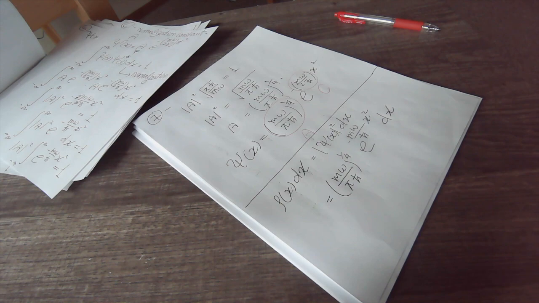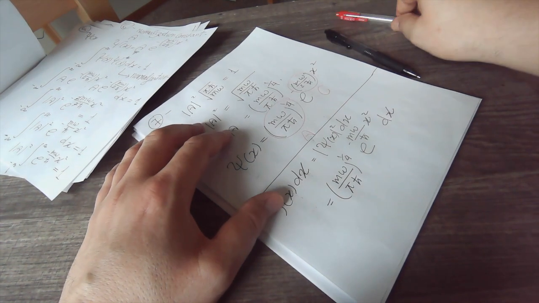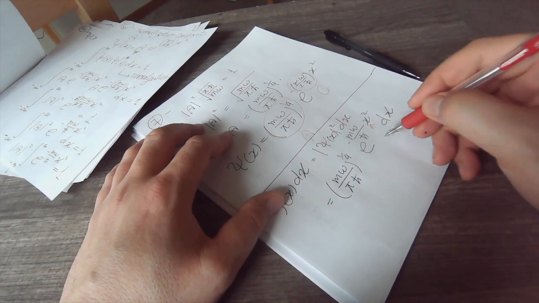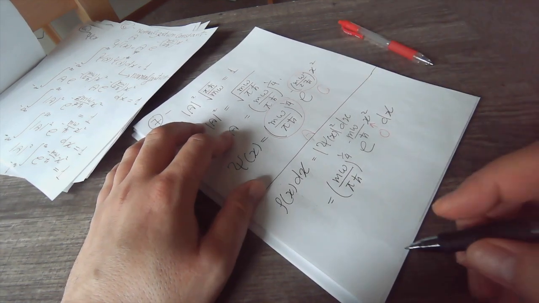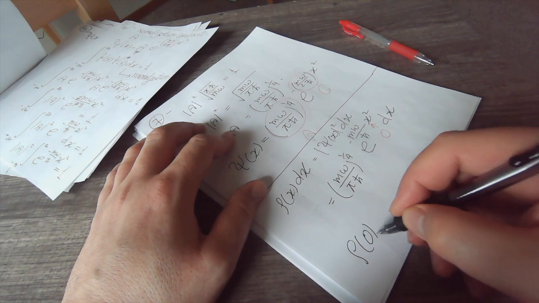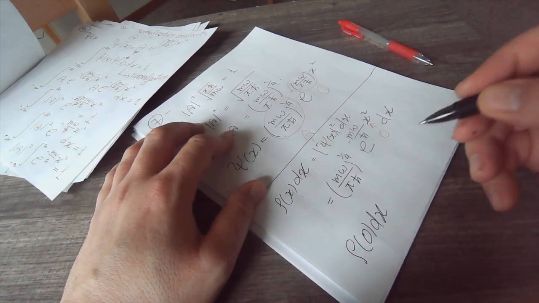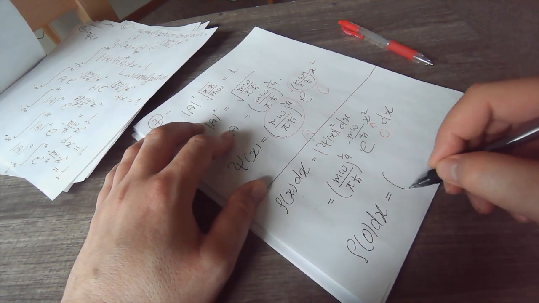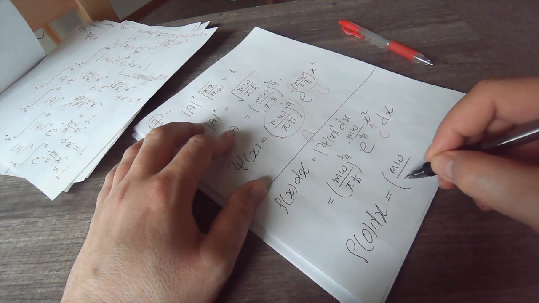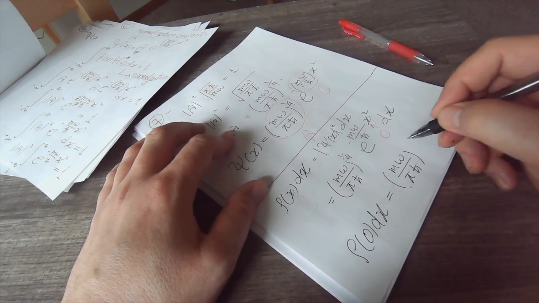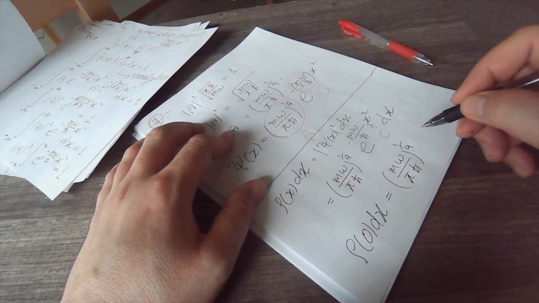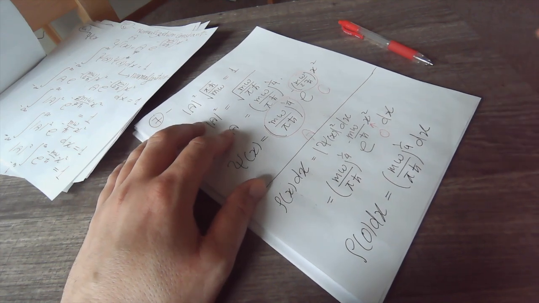And if we try to see the probability when x is equal to 0, we just need to substitute this x with 0, and we will have the probability density at x equal to 0 is equal to (m omega over pi h bar) to the power 1/4 dx.